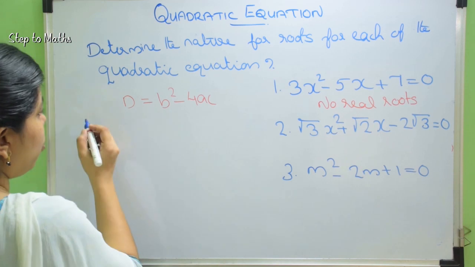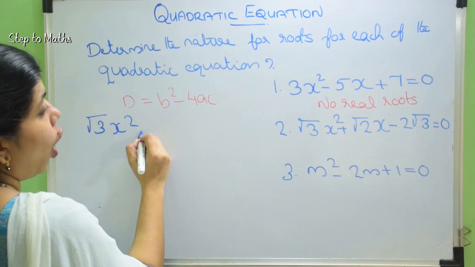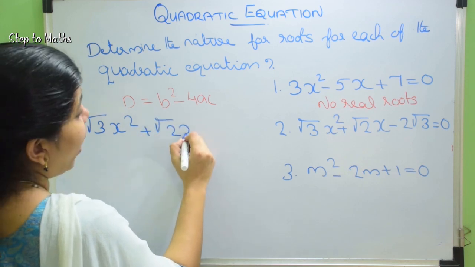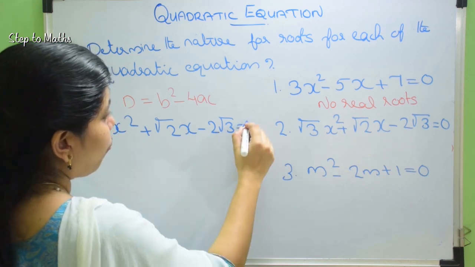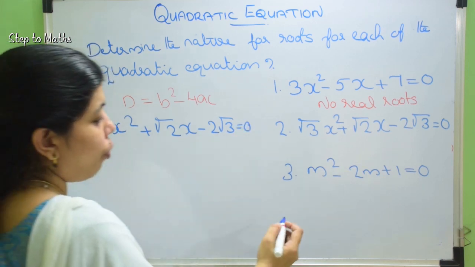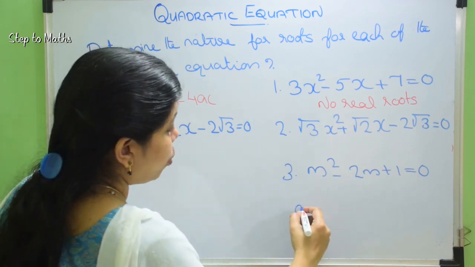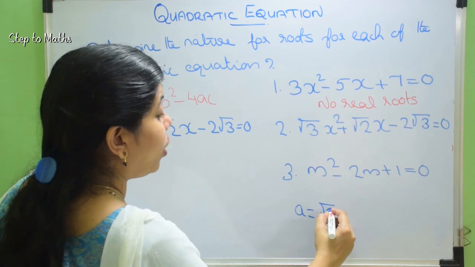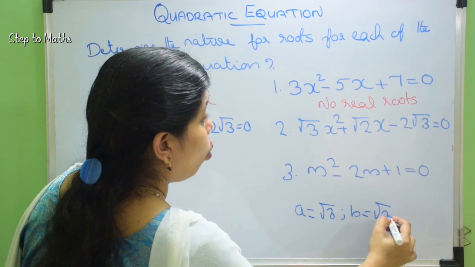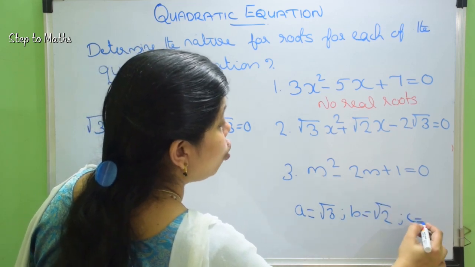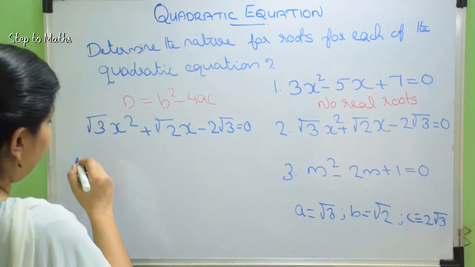Take the second quadratic equation: root 3 x square plus root 2 x minus 2 root 3 equal to 0. For easy calculation, write down the coefficients. a equal to root 3, b equal to root 2 and c equal to minus 2 root 3.